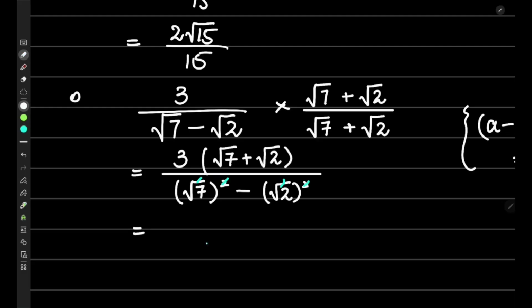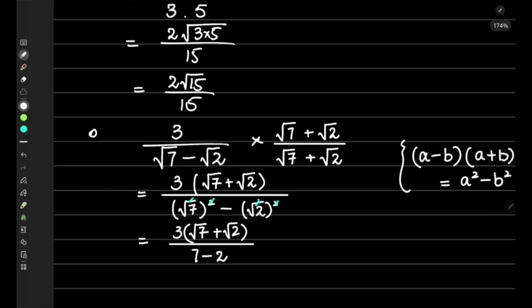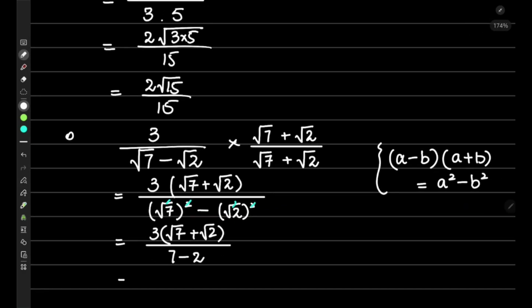So it will become 3 times root 7 plus root 2 in the numerator, and in the denominator it will be 7 minus 2. That will give you 3 times root 7 plus root 2 over 5. In this way of rationalizing, we get rid of the surd in the denominator.